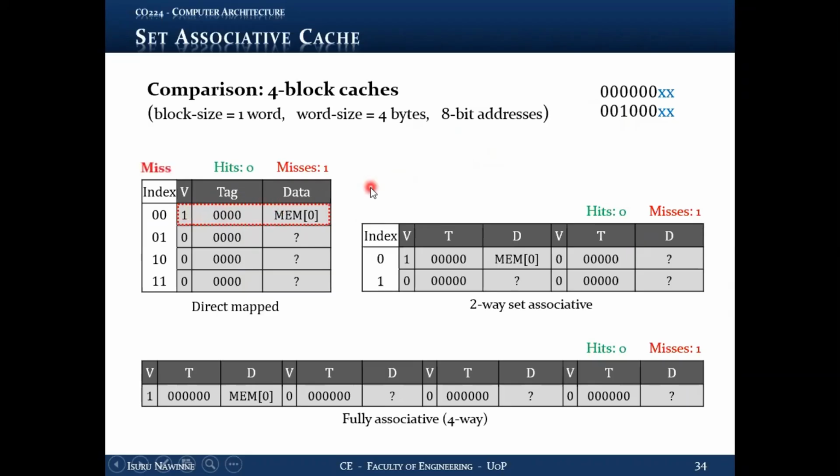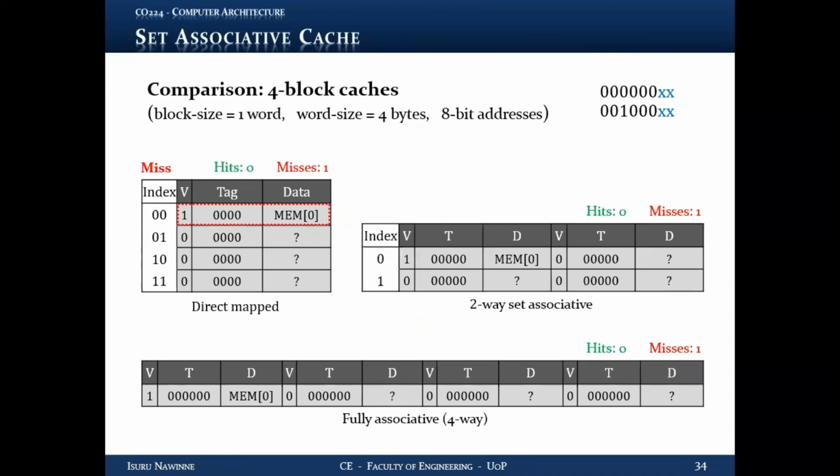here, right? And what about the two-way set associative cache? Will it be a hit or a miss? It's going to be a miss, right?